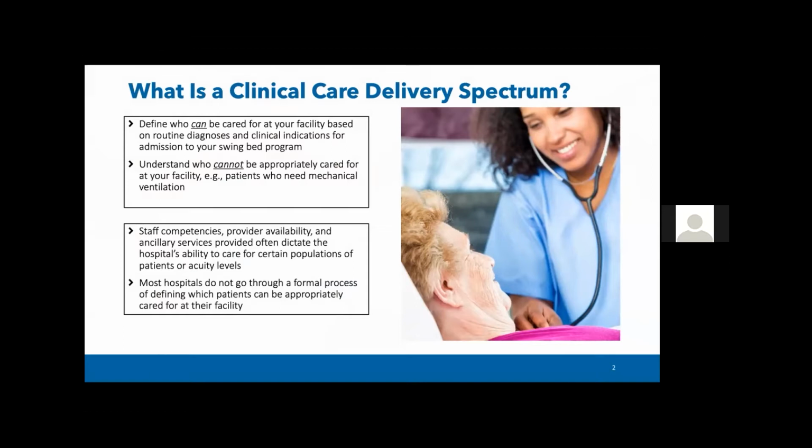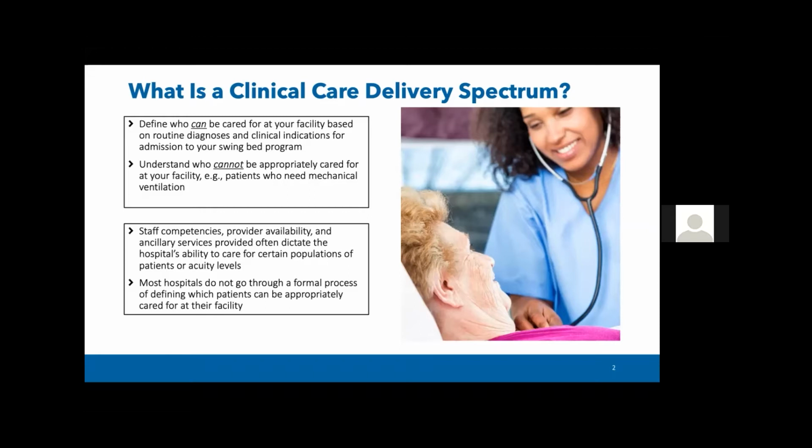It can be used for observation status too, or any level of care that you want to develop this framework around. And it's also looking at who are the folks that we cannot keep, who we are typically transferring out. Those are patients that we may not have the set of services to support their care needs, or who are of an acuity level that we cannot support.